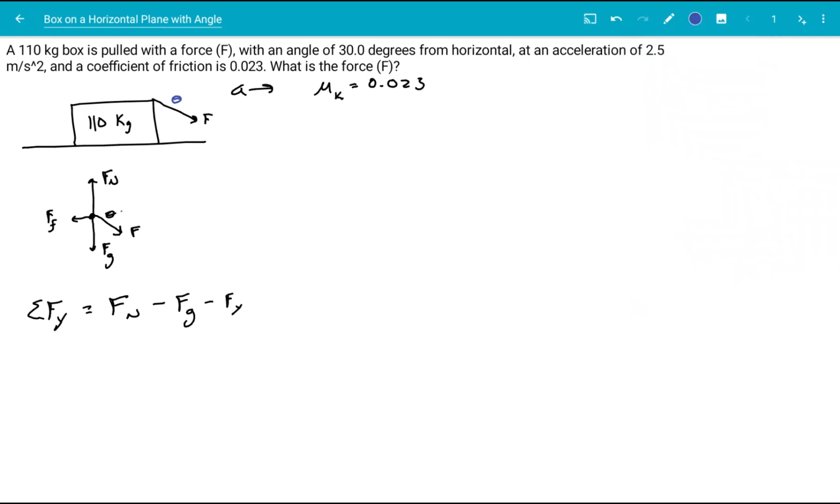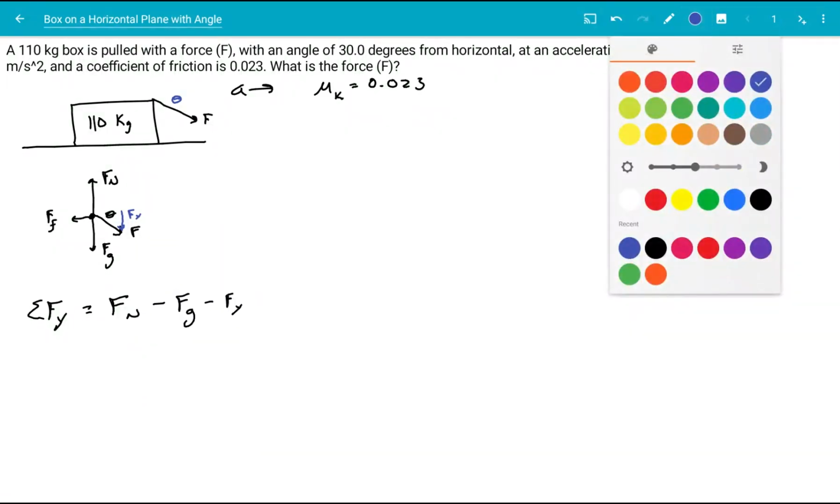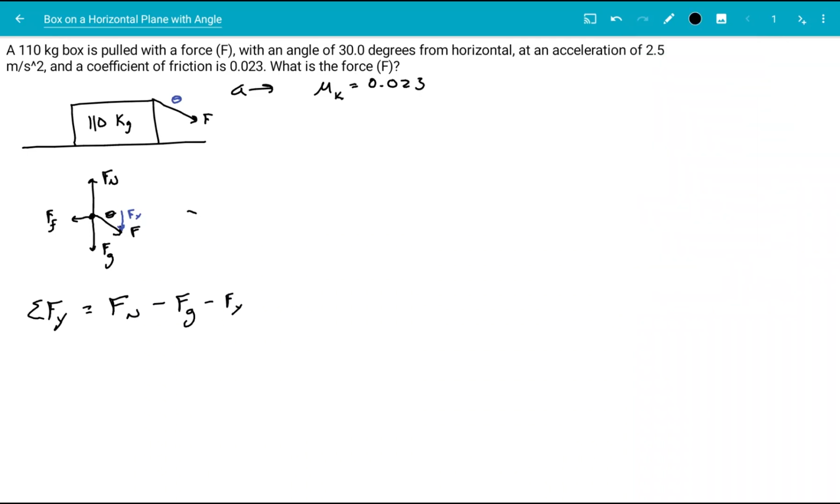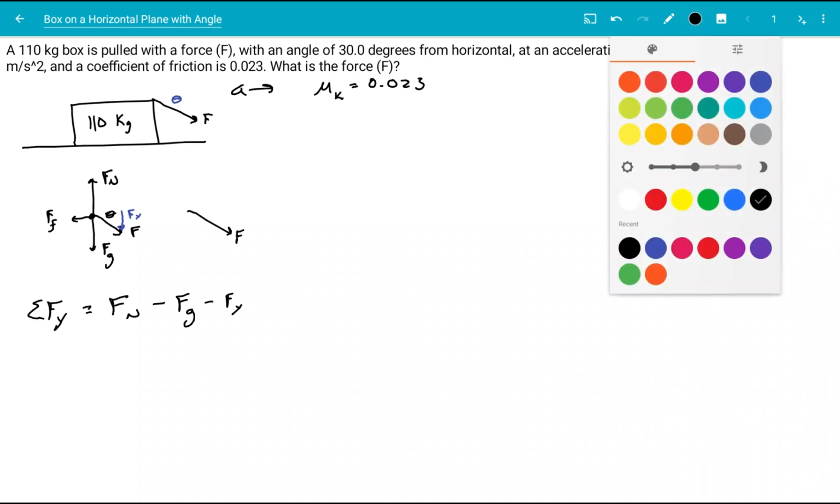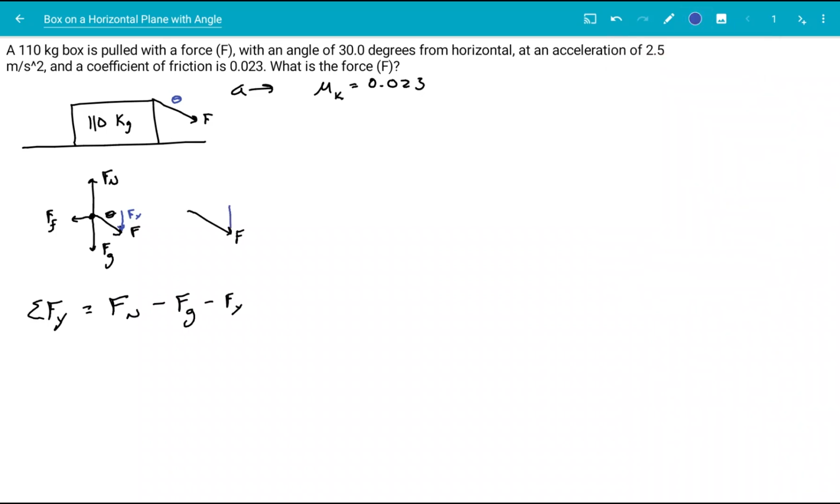In the y direction downward, there's a component, Fy, for theta. So now we have this downward direction. If you look at the free body diagram, or if you want, I'll just move this over to the side here. So we got F, and we have a component that's downward, Fy. That's theta. That's our opposite, therefore sine, if we were to look at it that way.